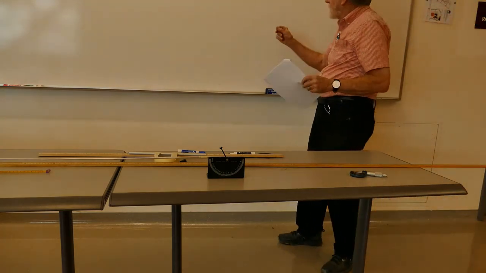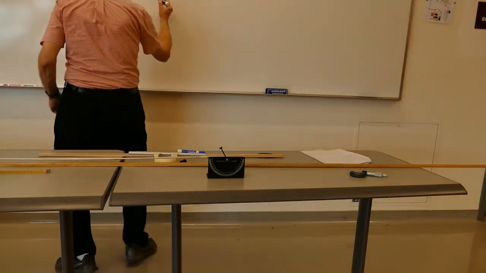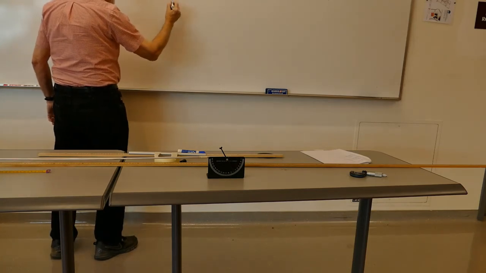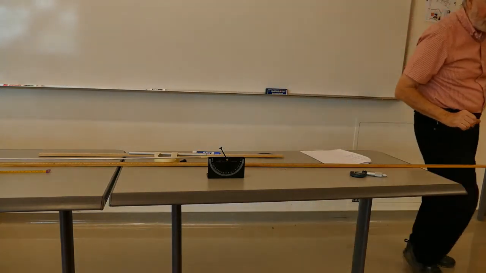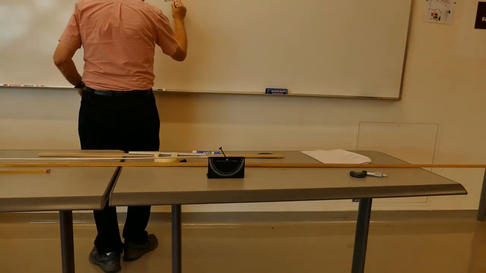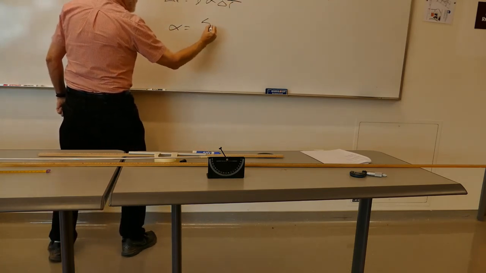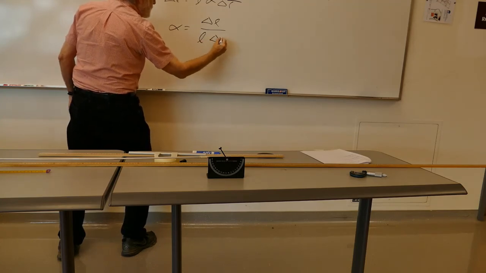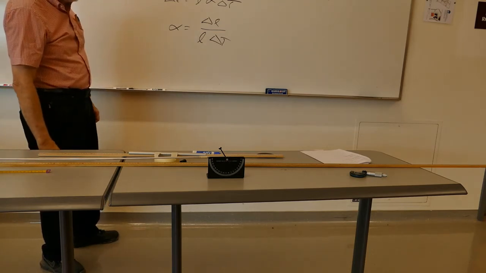Using this data, you can calculate the coefficient of expansion. This will give us our delta L. Solve for delta L. Delta L equals L alpha delta T, so you can solve for your alpha: delta L that we get from this formula over initial L and our delta T, which is just going to be 100 minus 22, 78 degrees.